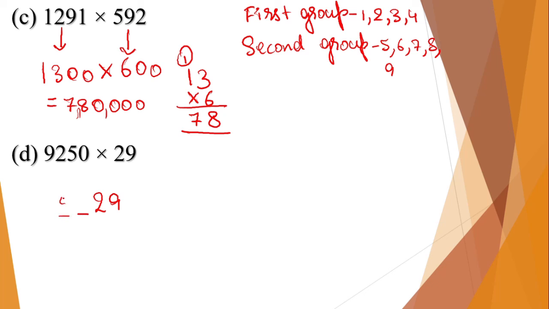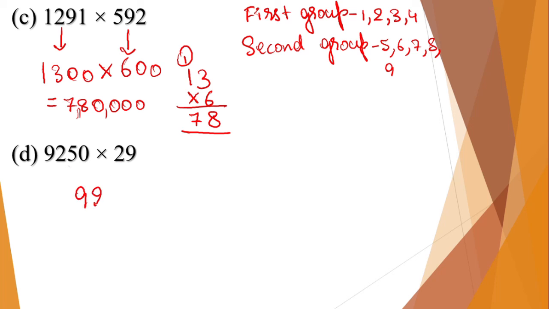But there is no hundreds place value and thousands place value, right? So we can't do it. Now here the next highest place value is 100. But 100 place value is not there in the second number, right? So we can take the next highest, which is tens. Now if we take tens, we can estimate for the first number and the second number also. So let's take the tens place value.